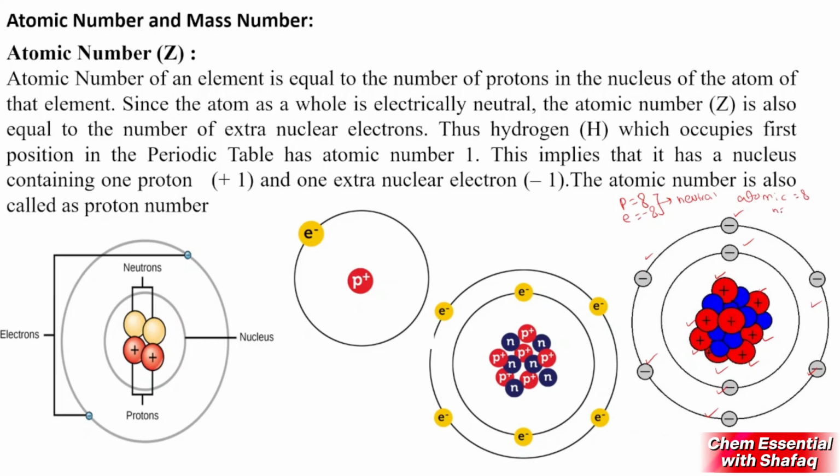Atomic number 8 represents an identification mark, and the element at atomic number 8 is called oxygen. So by looking at the number of protons, you can easily identify the atomic number, and from the atomic number you can easily identify the element, whether it is oxygen, nitrogen, or whatever, simply by looking at the number of protons.